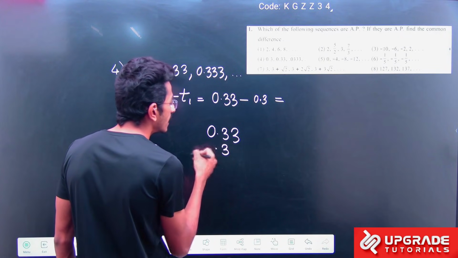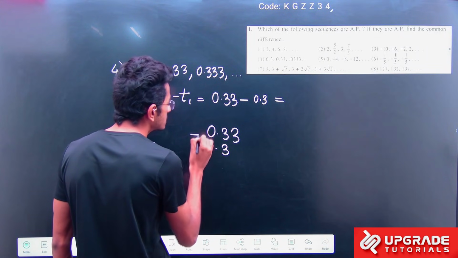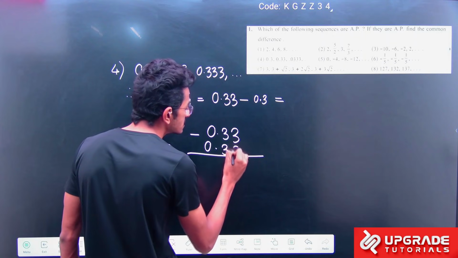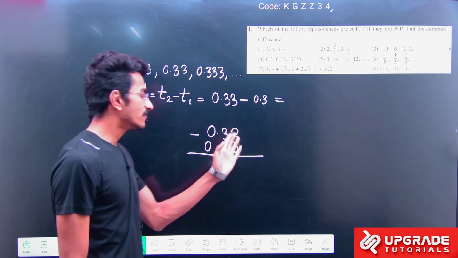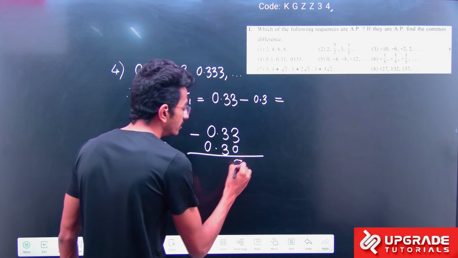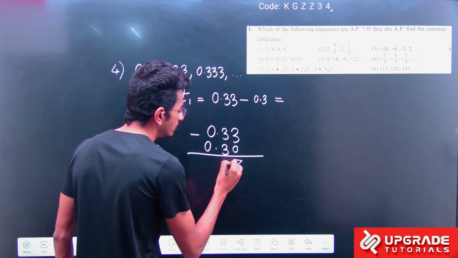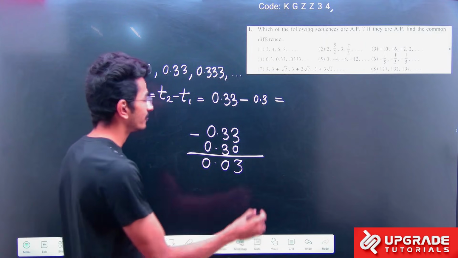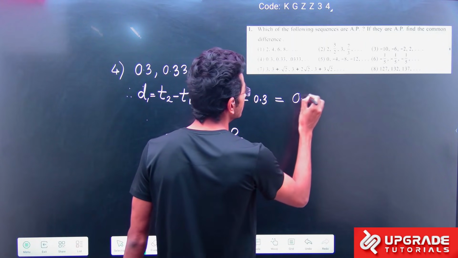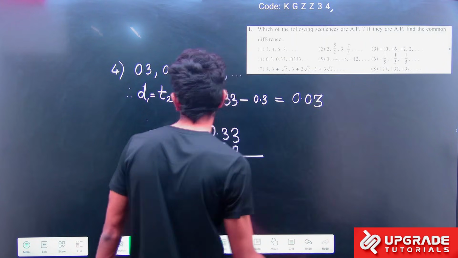Write the digits at the right places, and fill the remaining places with zeros. This is just a short trick. So the difference is 3 minus 0 is 3, 3 minus 3 is 0, decimal point, 0. So the difference is 0.03.